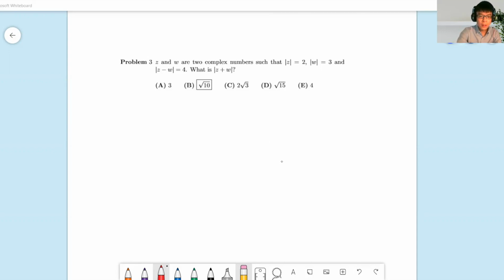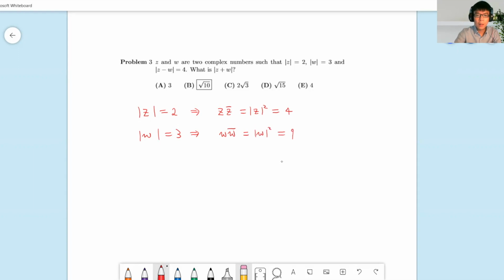So we notice that Z modulus equals 2. Basically, we see Z times Z bar, the conjugate, actually equals Z modulus square. So that means this is equal to 4. Also, W modulus here equals 3. We get W times W bar, the conjugate, equals W modulus square equals 9.